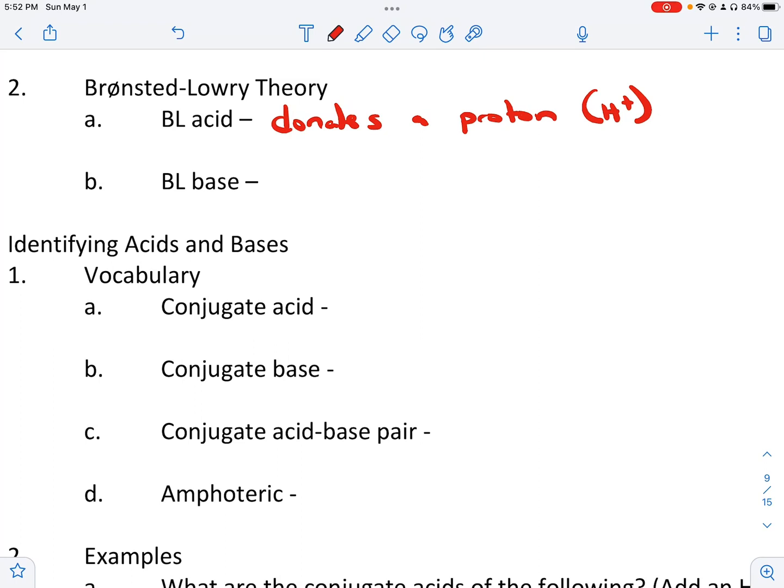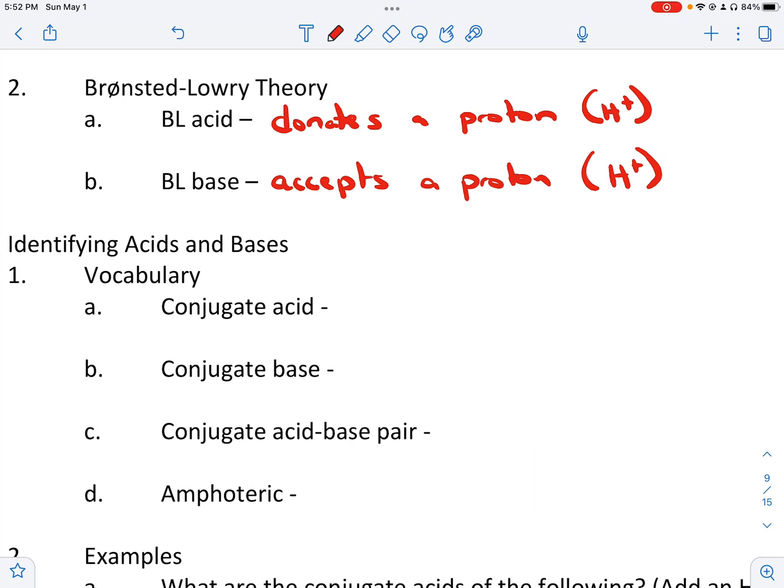A Bronsted-Lowry base, here's where the definition changes, is one that accepts a proton. So we have to see what is happening in our chemical reaction to see if it is donating or accepting. Some other words that we have here. Our first one is a conjugate acid.